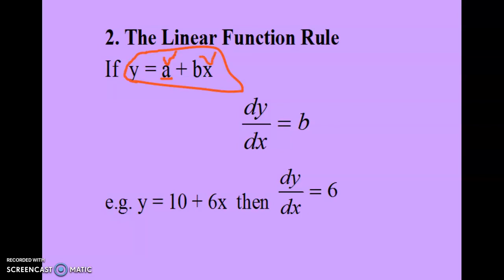But a here is a constant. The differentiation of a constant is 0. Differentiation here, this is x to the power 1, is a 1. So we are left with only b.